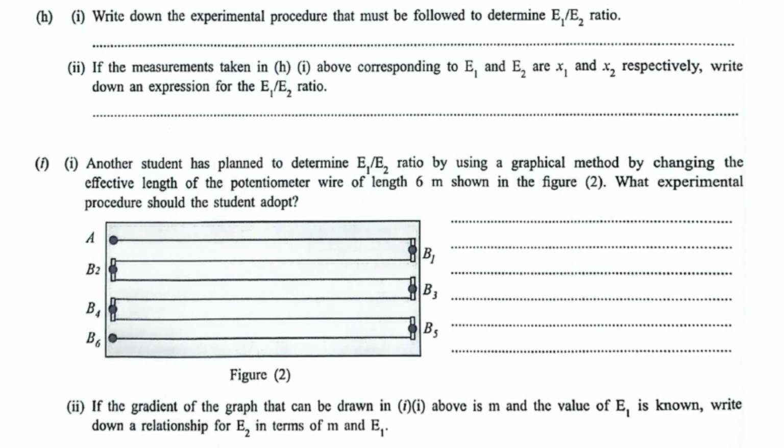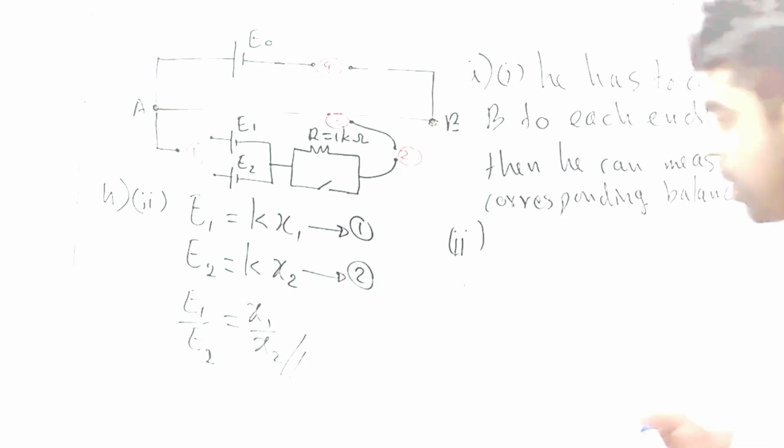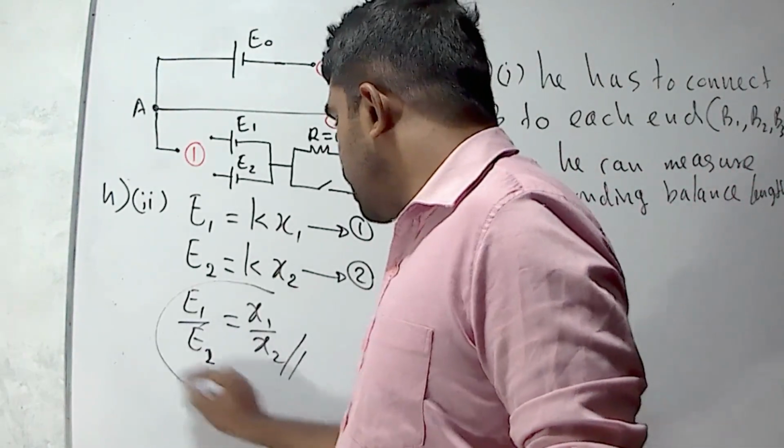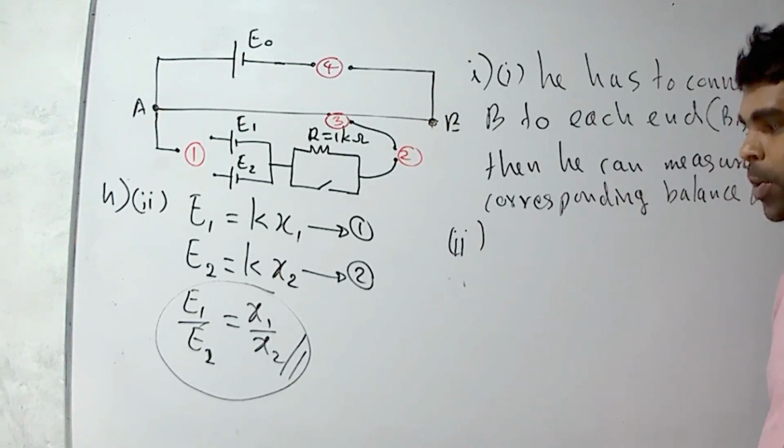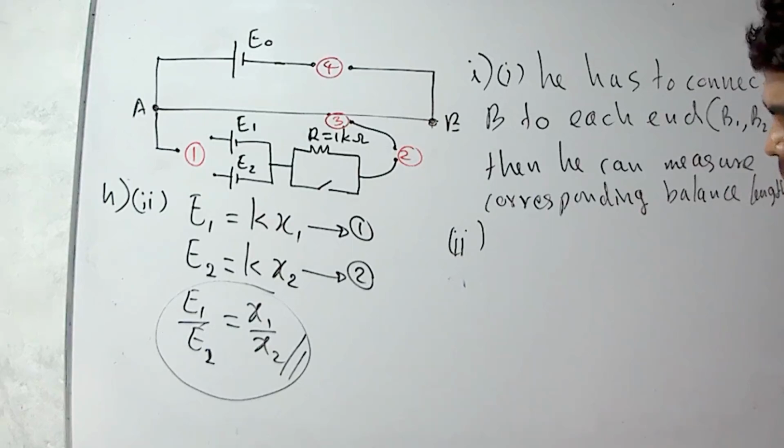In part 2, if the gradient of the graph drawn in part 1 above is M, and the value of E1 is known, write down the relationship for E2 in terms of M and E1. We have to change x1 and we can measure x2.